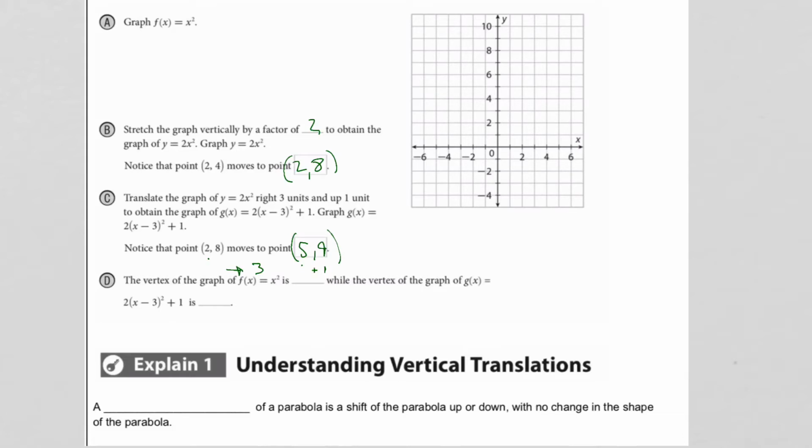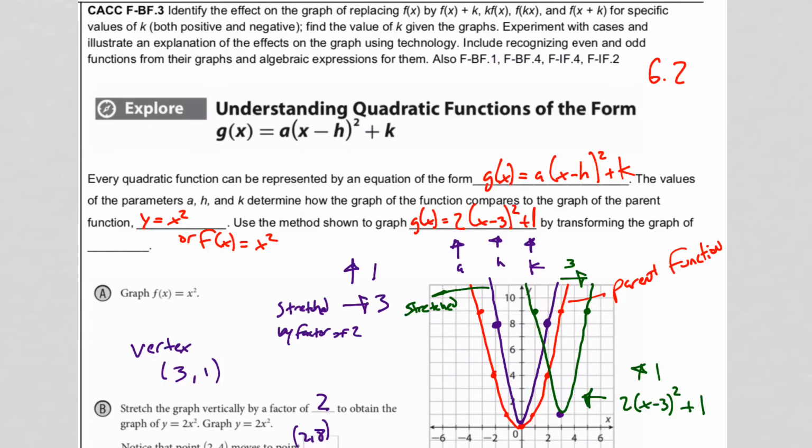So that kind of makes sense. And the vertex of the graph of f of x equals x squared is 0, 0, while the vertex of the graph of this function is 3, 1. Okay, and that's all right. That's kind of stuff I already called out in the prior section above.